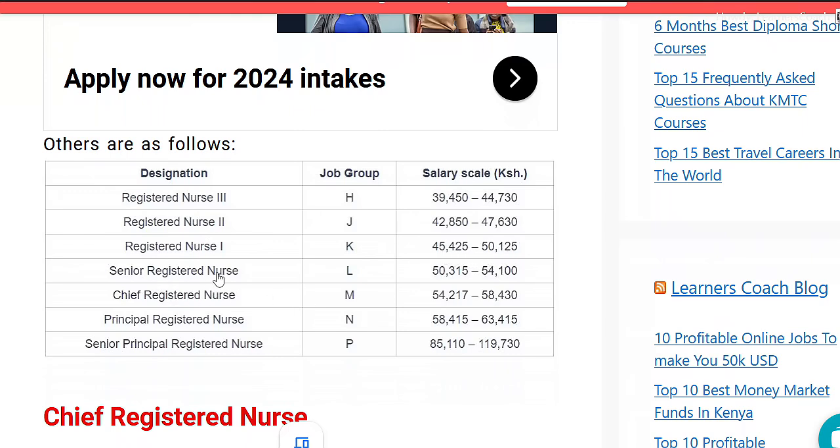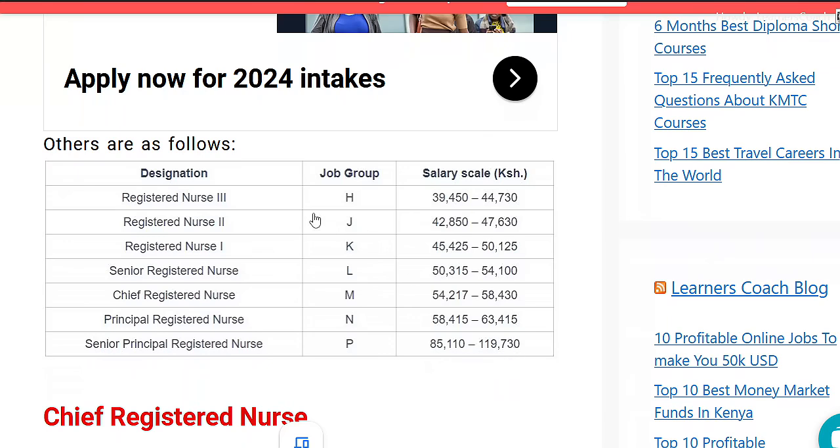Senior registered nurse, job group L, earns between 50,000 to 54,000. Chief registered nurse, job group M, earns between 54 to 58,000. Principal registered nurse, job group N, earns between 58,000 to 63,000. We also have the senior principal registered nurse, group P. They earn between 85,000 to 119,000 Kenya shillings.